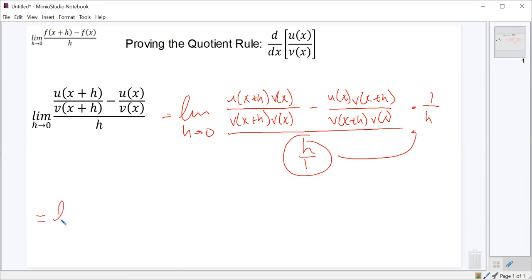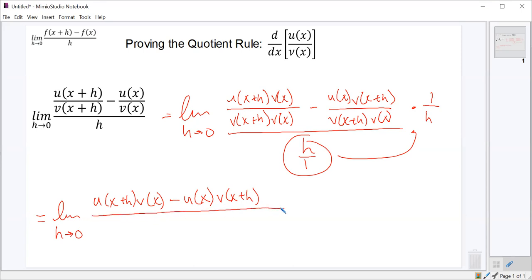So we now have a limit as h approaches 0 of u of x plus h times v of x minus u of x times v of x plus h all over v of x plus h times v of x times h.